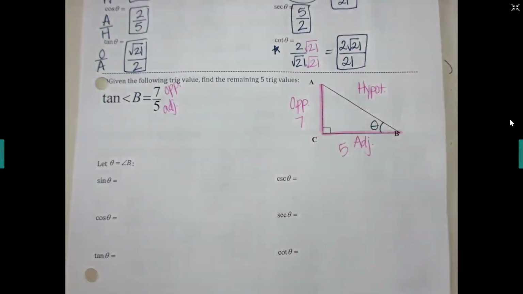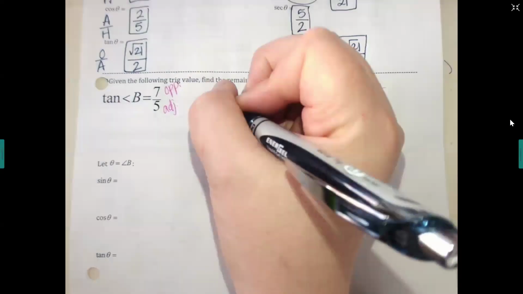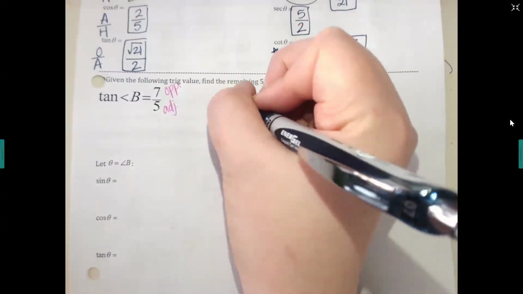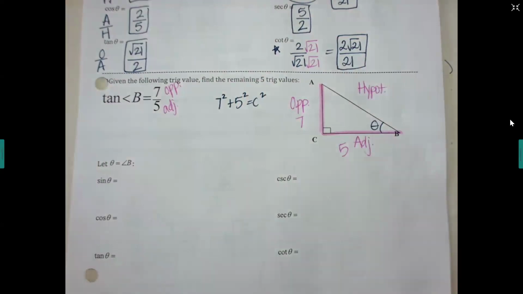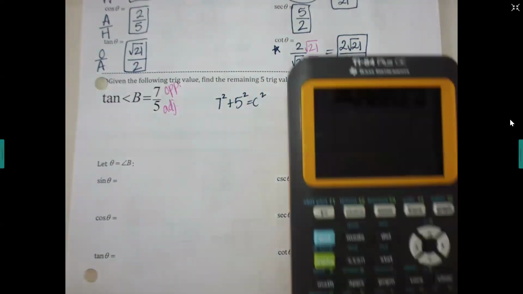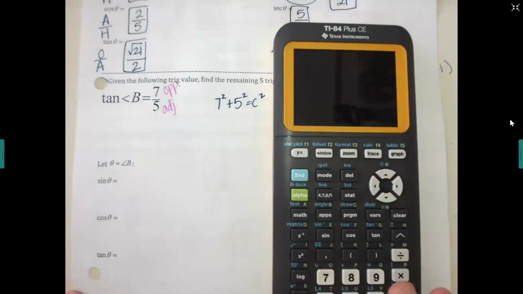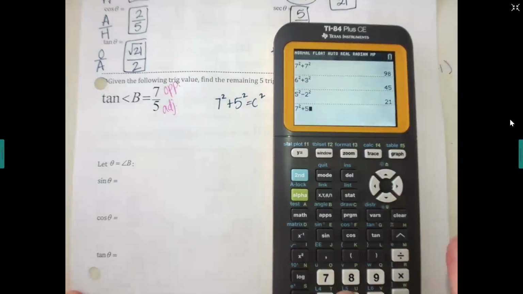Before I go on, I have to find the missing side. How will I do that? Pythagorean theorem. So it'd be 7 squared plus 5 squared equals. Okay, and your calculator, 7 squared plus 5 squared gives us 74.